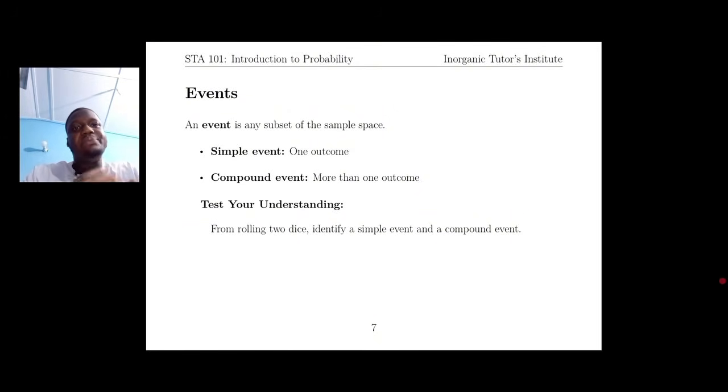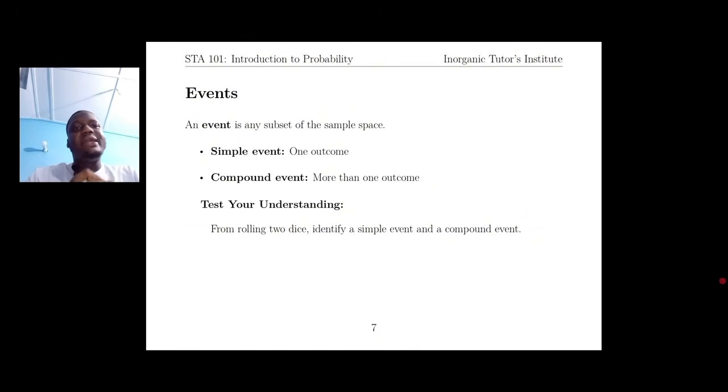It's usually a subset of the sample space. So the sample space will list all the outcomes, but the event will list some or even none of the possible outcomes. Okay, so we have two types: a simple event and a compound event.